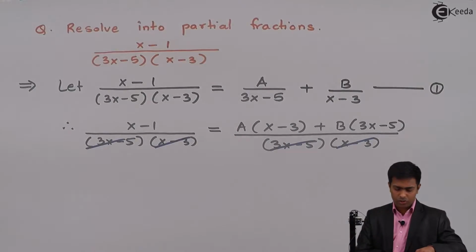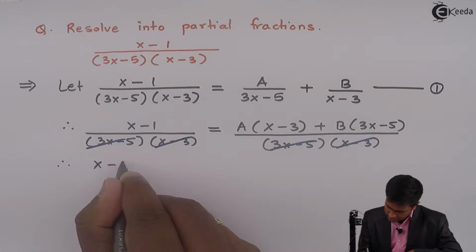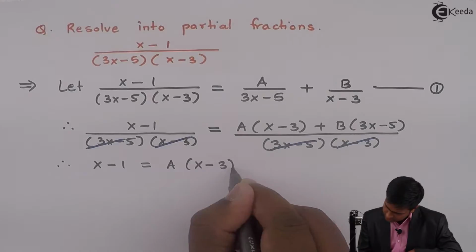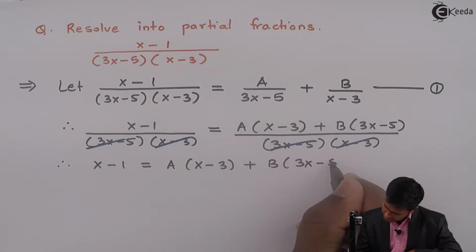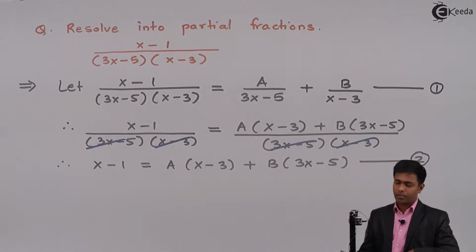So therefore we will get x minus 1 is equal to A into (x minus 3) plus B into (3x minus 5). I'll say this is equation number 2.